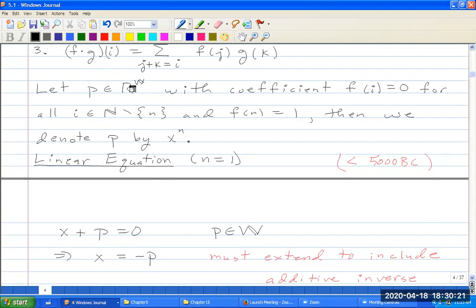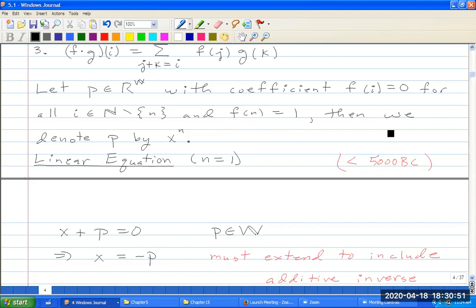Let P be a polynomial, with coefficients f_i equaling 0 for i a natural number other than n, and let f_n equal 1.